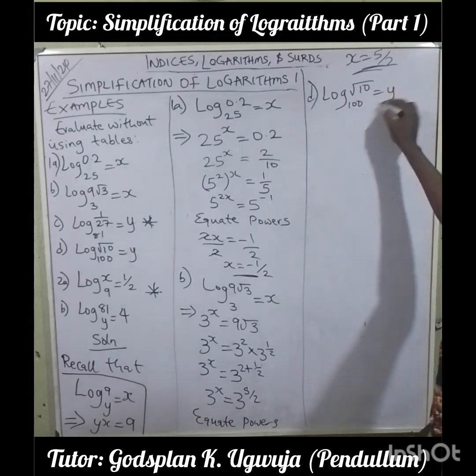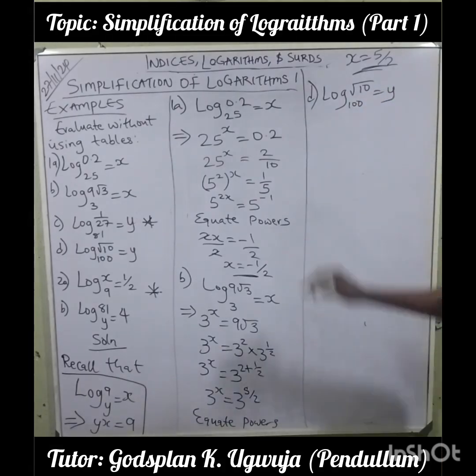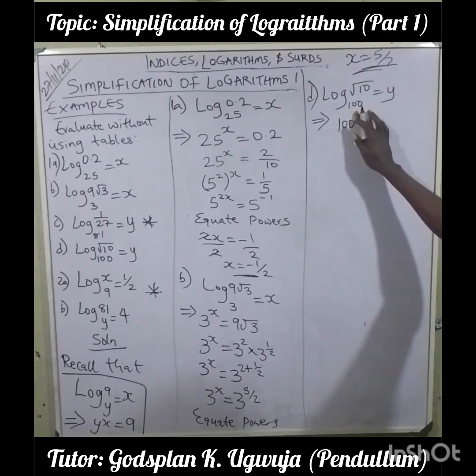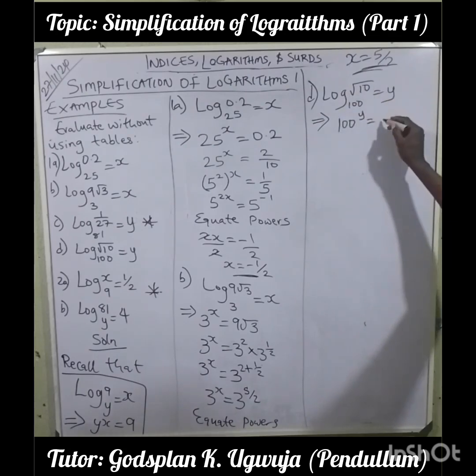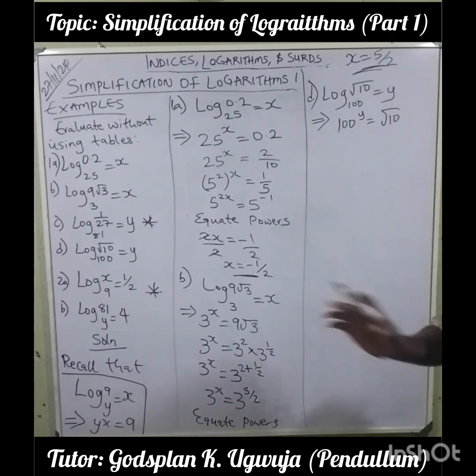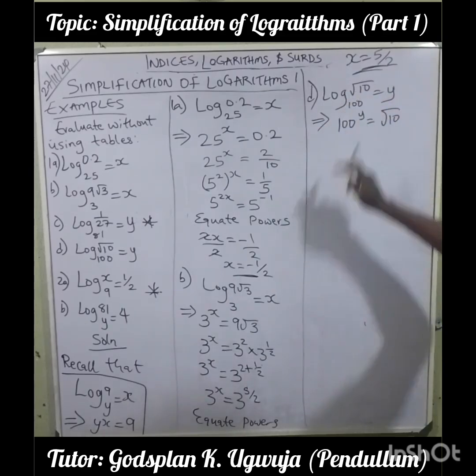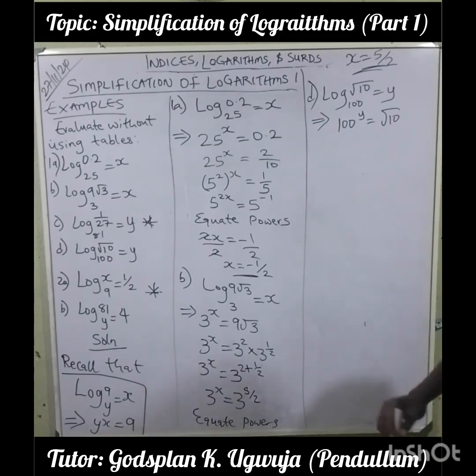Now for D, we have that log root 10 of 100 is equal to y. Alright, so same thing we've been doing. Let's convert to indices. Root 10 is the base, raised to this power is equal to this number. Same thing. This base raised to this power equals this. Now I can write 100 as a power of 10.